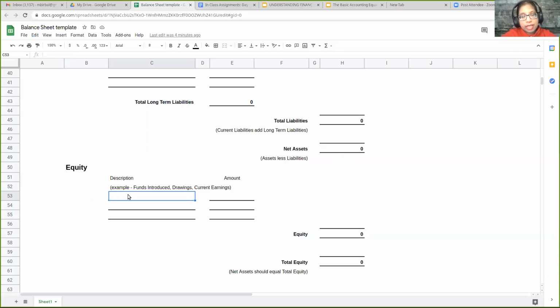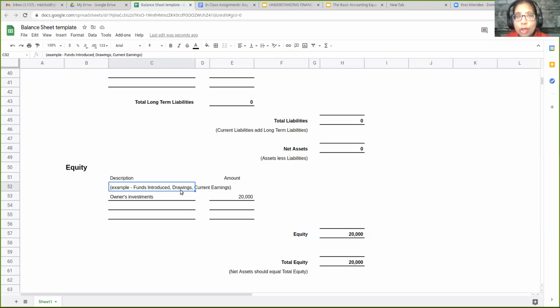So let us say, for example, the owner invested $20,000. And there is a term here that I need to explain to you. It's called drawings.